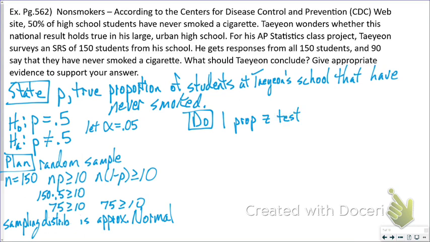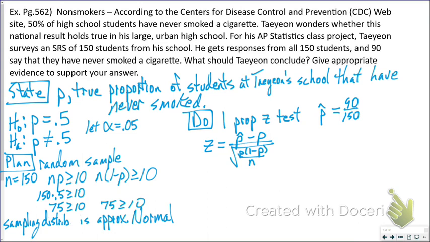I need to write down what p hat is when the calculator gives it to me. I know it's 90 over 150. I'm going to find z, which is p hat minus p. And I'll go to the calculator.